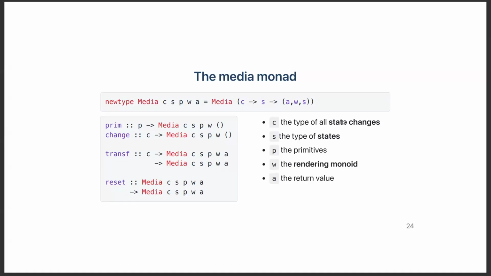And we have our 4 instructions: the primitive instruction that takes a polymorphic primitive and returns a media, the change instruction that takes a state change and returns a media, the transformation instruction takes a state change, takes the scope of the transformation, which actually is a media, and returns a media, and the reset instruction takes the scope of the reset instruction, which is also a media, and returns a media.